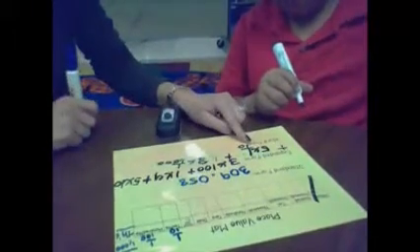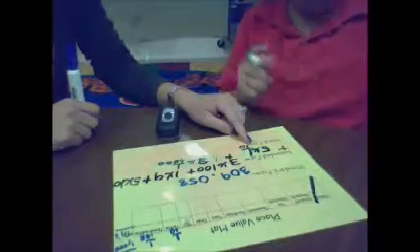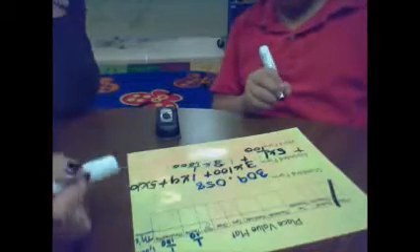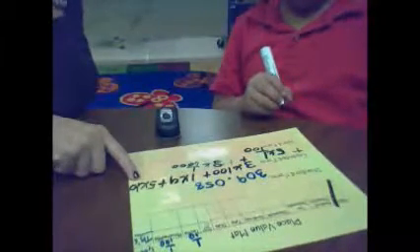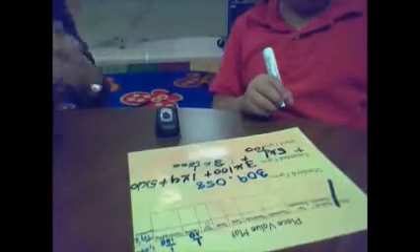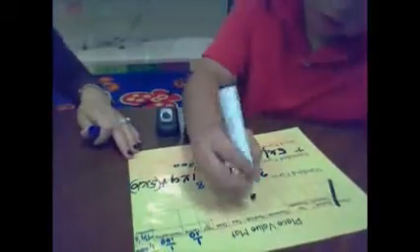Let's see. This says 5/10. Is that correct? Oh no. Okay. This says 50. Is that correct? Is that 50?